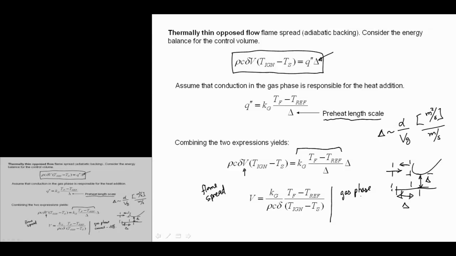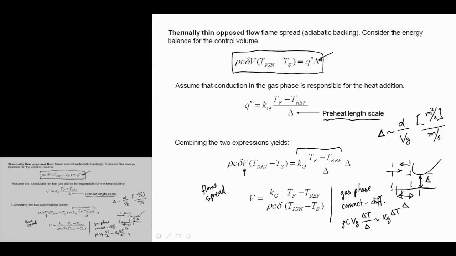And that gas phase convection diffusion analysis says that rho C Vg, again, some delta T over delta looks like Kg delta T over delta squared.